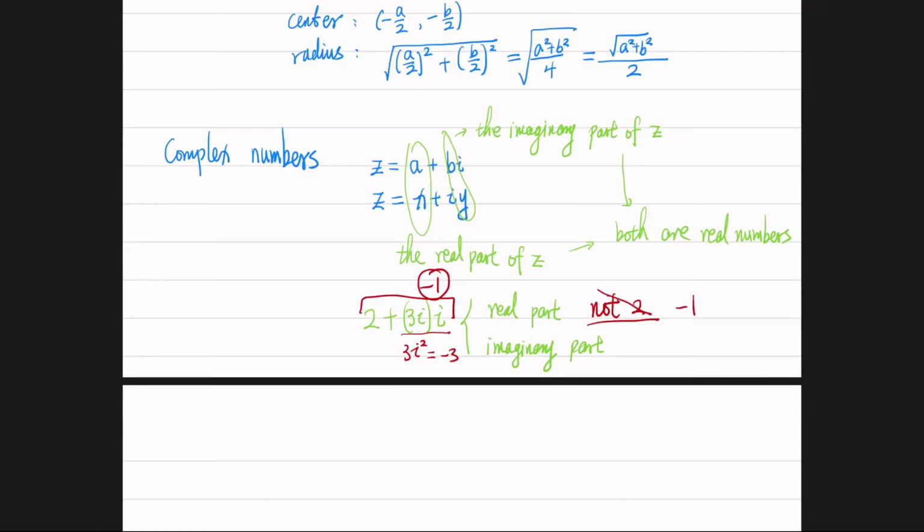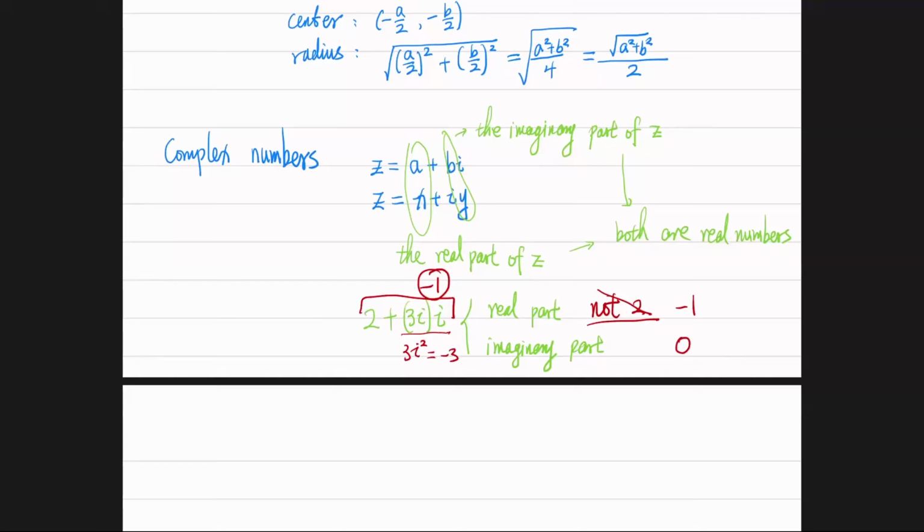What's the imaginary part? Well, then it has to be 2. But there's probably no imaginary part, so yeah, there's no imaginary part. Even though we have 2 plus something i, this part is not a real number, so this is not the imaginary part.